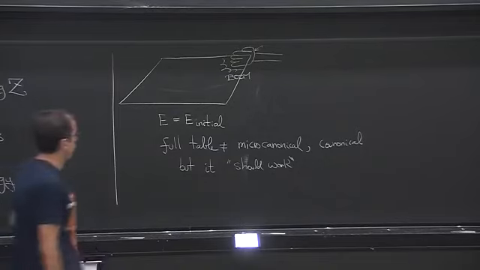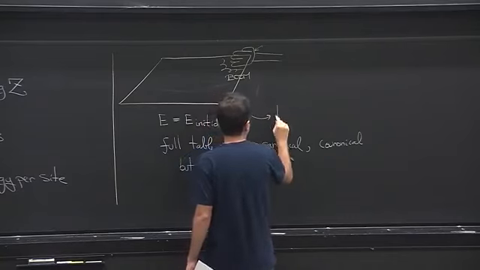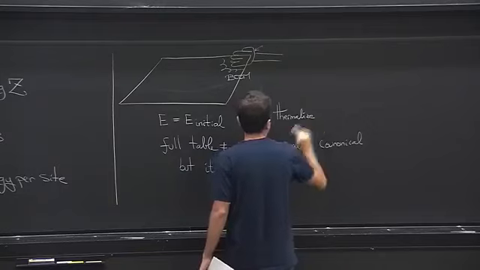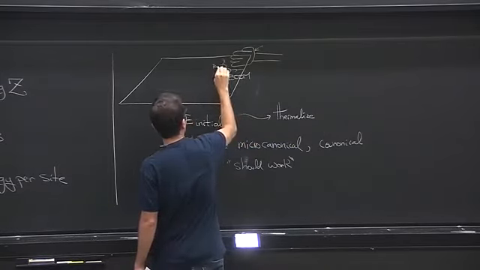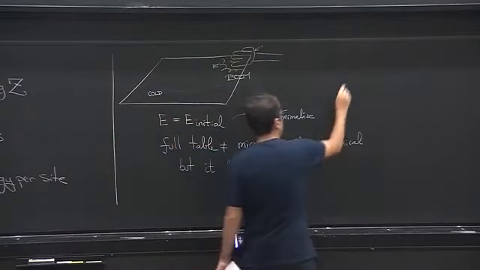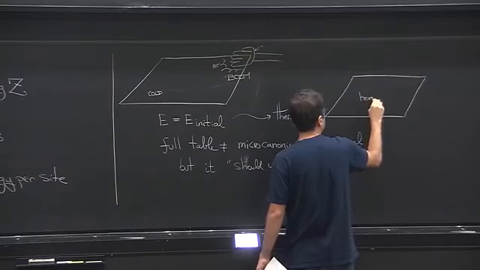Okay? So the idea is we start with this energy, we thermalize, we wait. In the beginning, here it's hot and here it's cold. And then we thermalize. So after it thermalizes, now it's homogeneous.